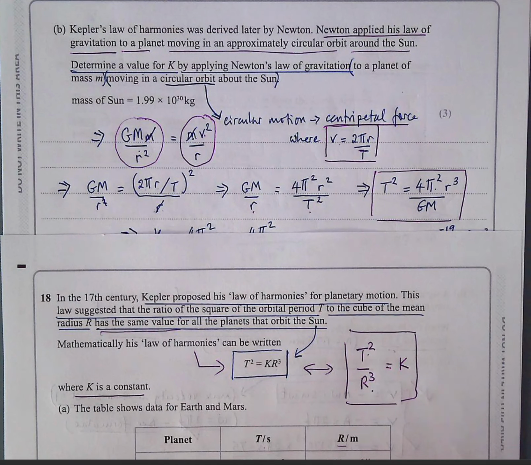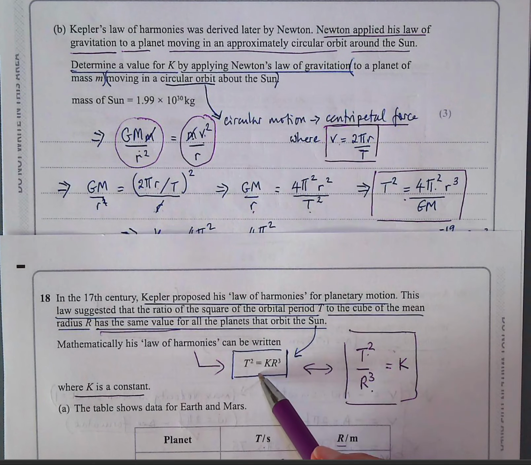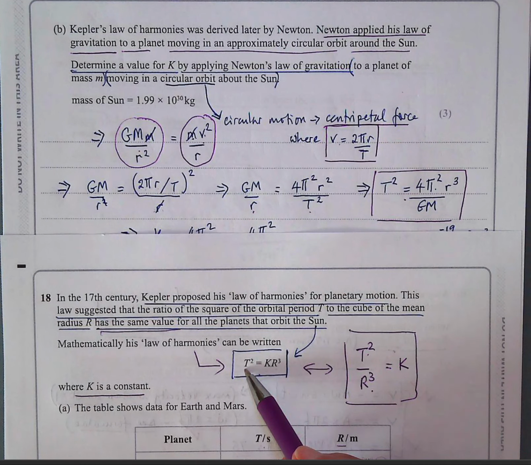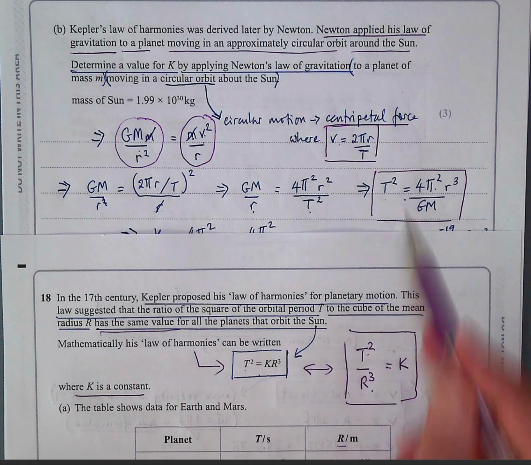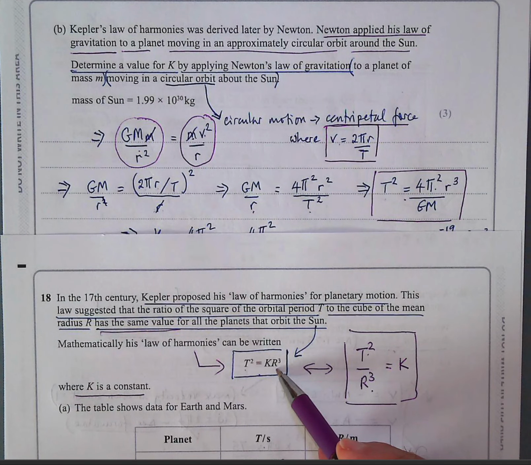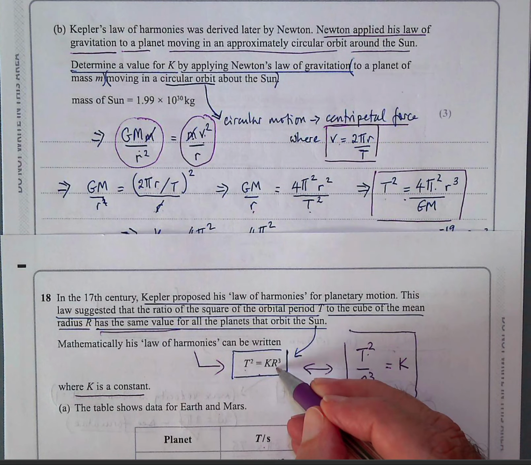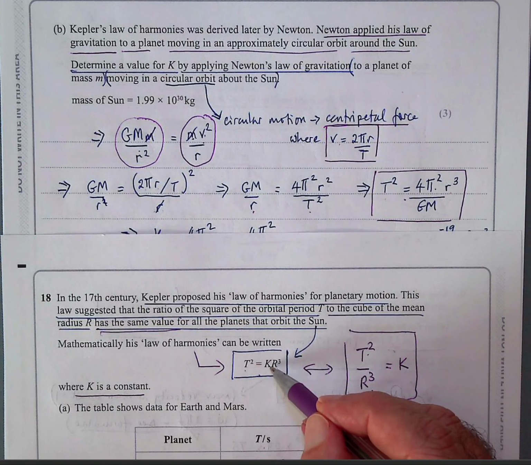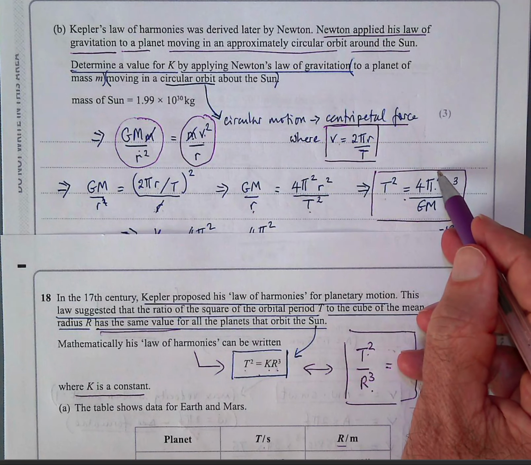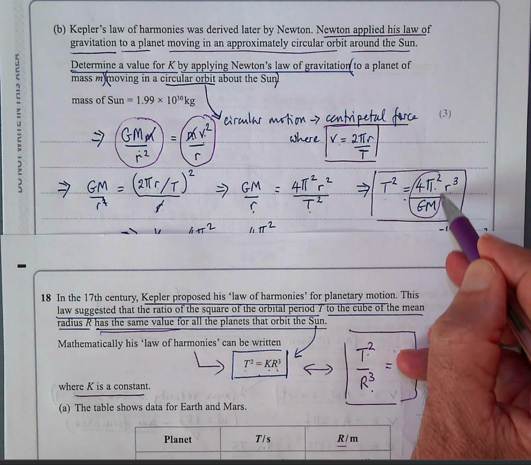You see this equation and this equation, T squared on the left hand side, r cubed on the right hand side, I've used little r, I should have used big R again. Then the constant here must be equal to this value.